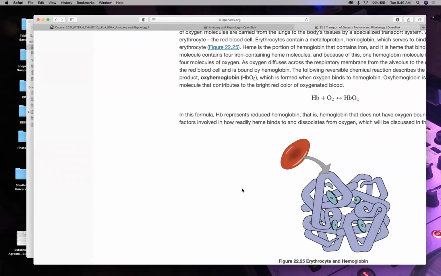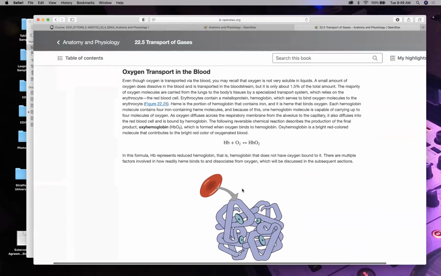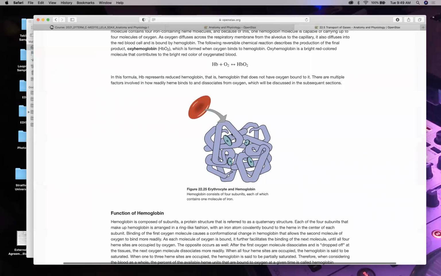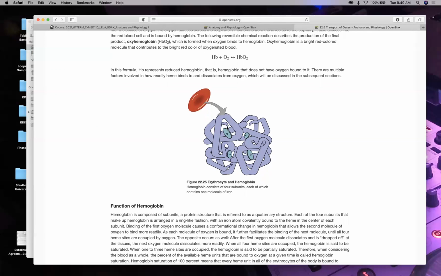Oxygen transport. How does oxygen and carbon dioxide move around? Well, you should be familiar with this molecule right here. You can even see it has seats. This looks like, to me, like you took somebody's lawn chair and just totally twisted it up to make it look like, I don't know, modern art or something. But you could see here, this is a heme group, right? Made out of iron.